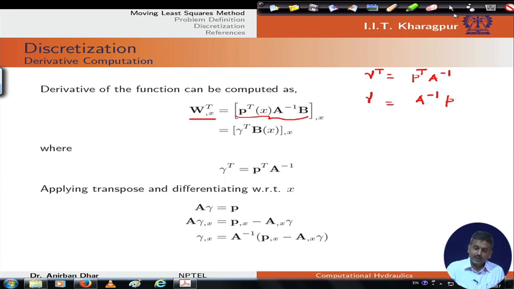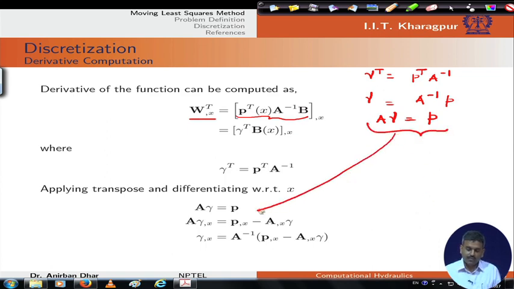So, we can write this A gamma equals P. So, this is our form.